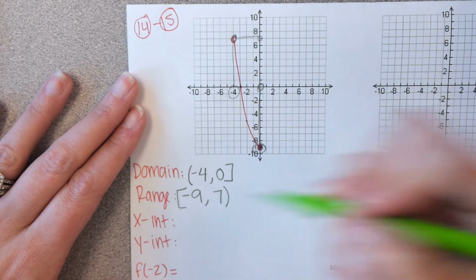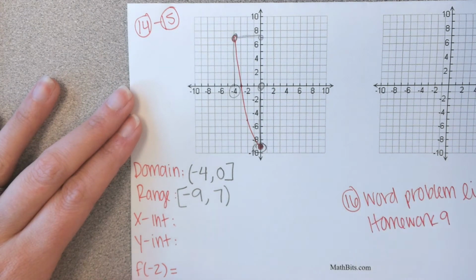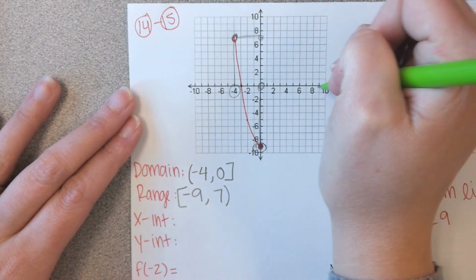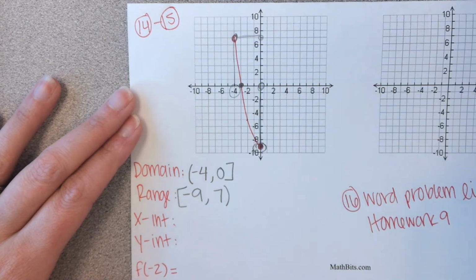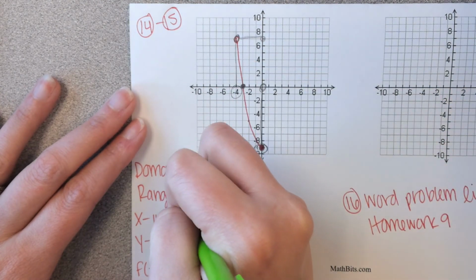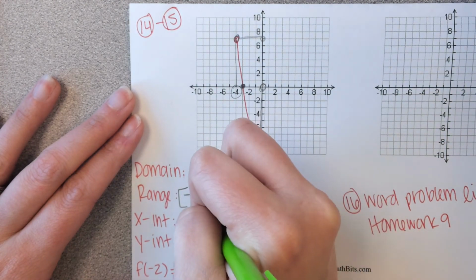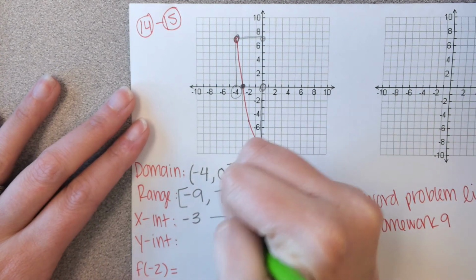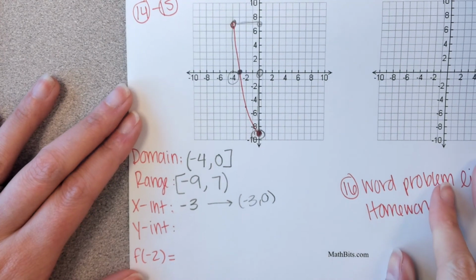Now it wants the x-intercept. The x-intercept is where the graph hits the x-axis. So go along the x-axis and find the graph. It's here at negative 3, so your x-intercept is negative 3. If it wanted you to put that in an ordered pair, it would be negative 3, 0, but I don't think it asks for that.